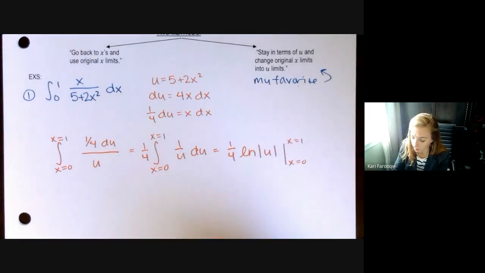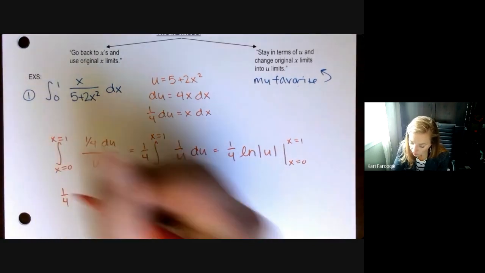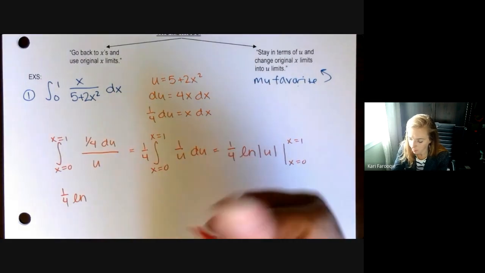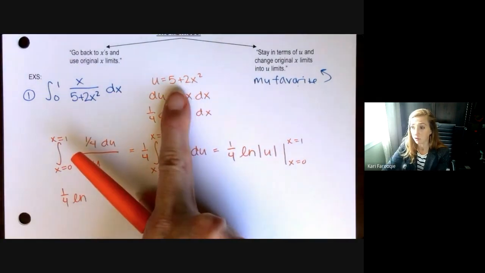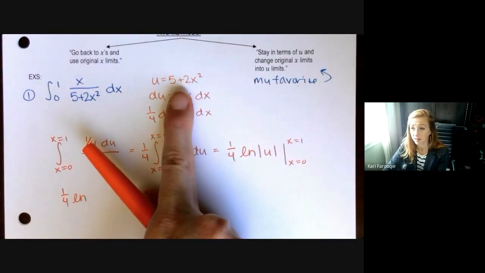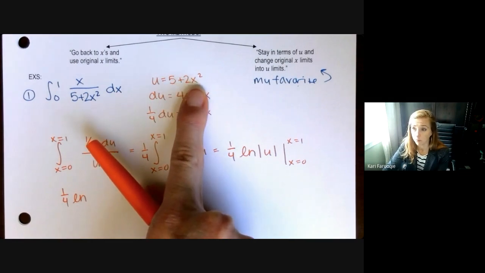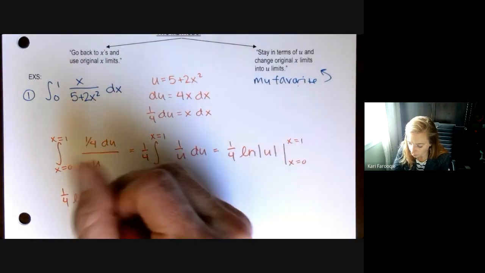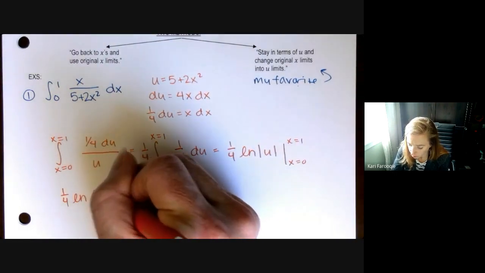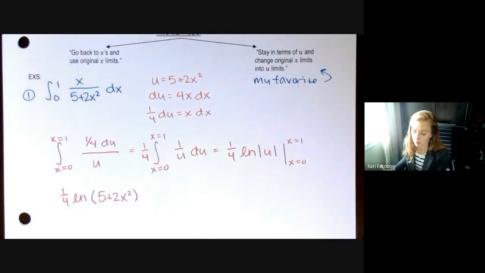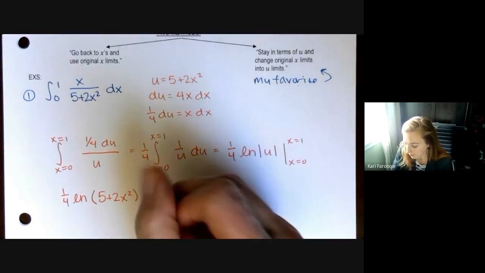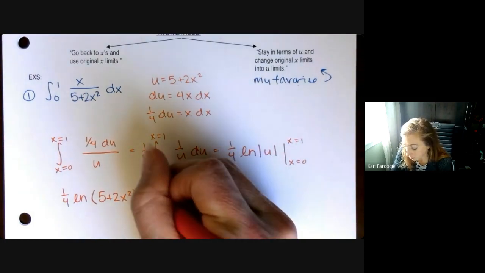So I'm going to back substitute for x. So instead of saying I have 1/4 ln u, I'm going to say I have 1/4 times the natural log of, and then because u can't possibly be negative, 2x squared can only be positive, and then you're adding something to it, I'm going to drop the absolute value bars and just put parentheses around this. Just because the absolute value bars are redundant. But of course, if you want to include them, it's not going to hurt anything.